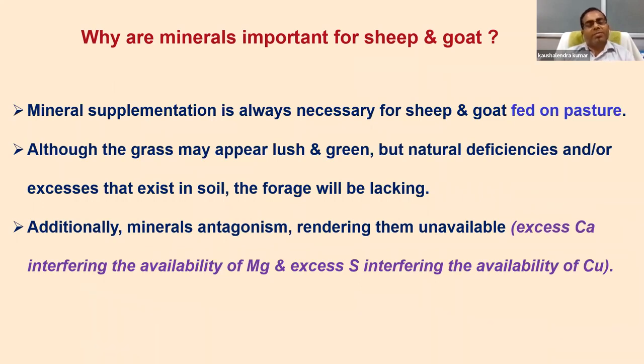Farmers in our country mainly rear sheep and goat under pasture conditions. So we must promote sheep and goat farming under stall-fed conditions. Under pasture condition, there may be a chance of developing mineral deficiency because soils are deficient, or some minerals are in excess, like iron.